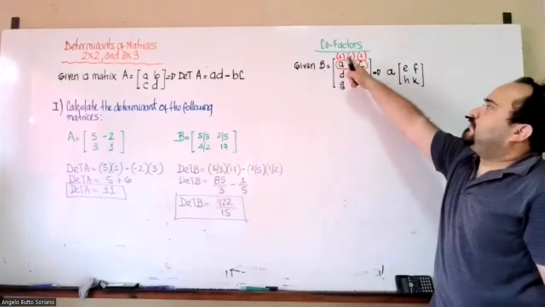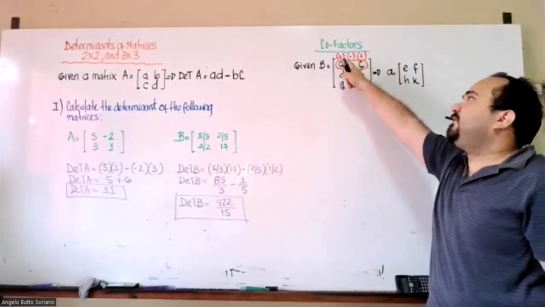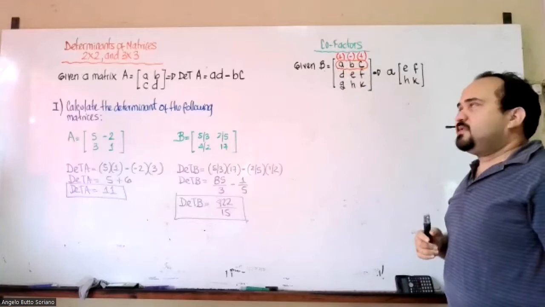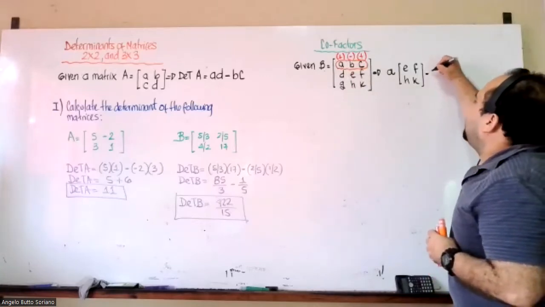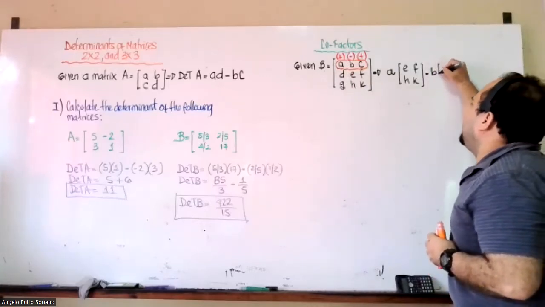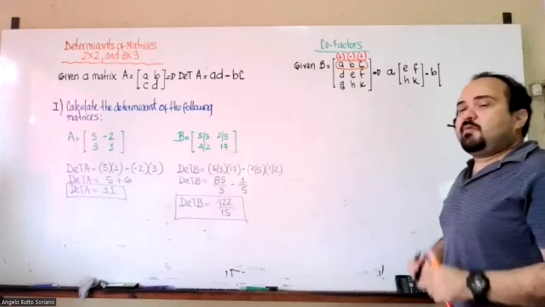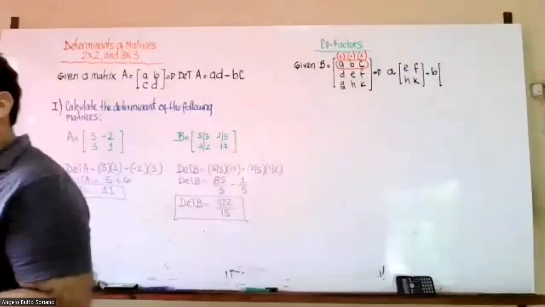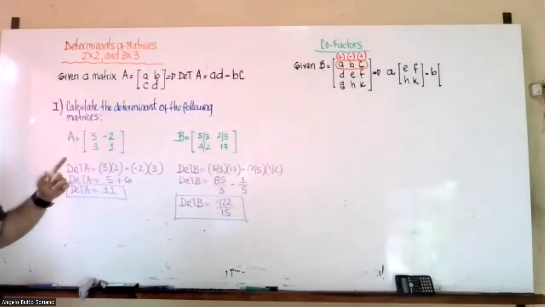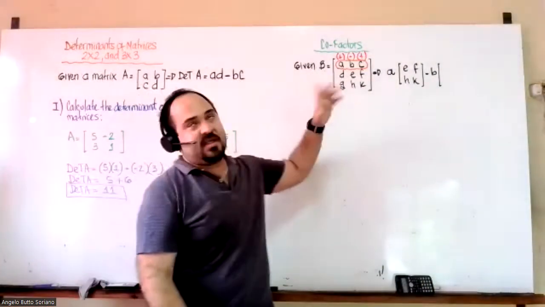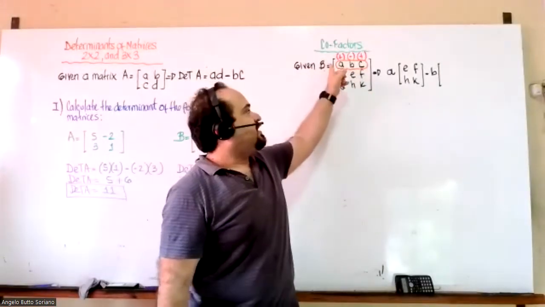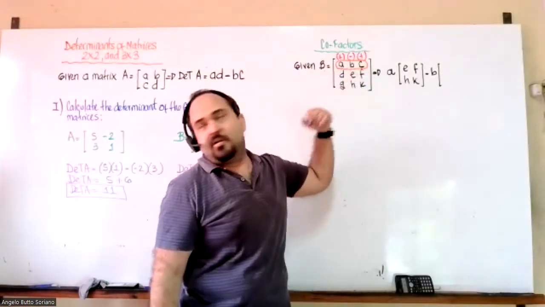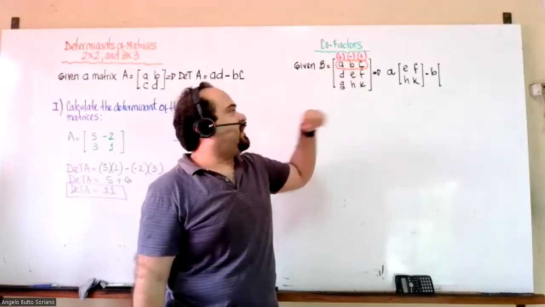Now, remember the second one, we have a negative sign, right? Well, I'm going to separate by negative B. And we're going to apply that logical sequence. When I'm talking about this case, the logical sequence means I'm going to erase, imaginary, the row and the column where the letter B is located.